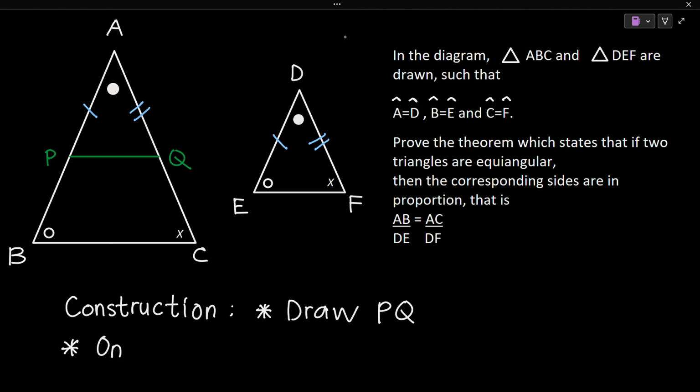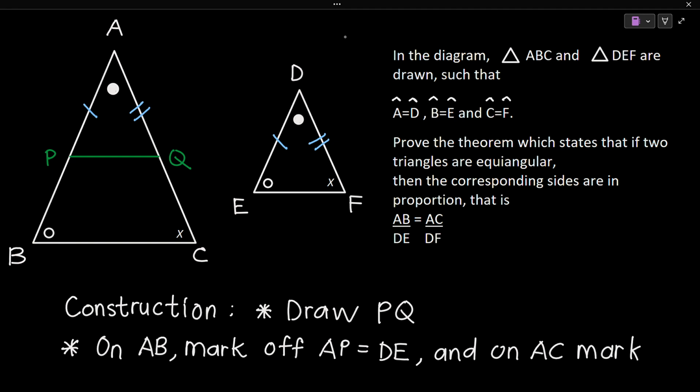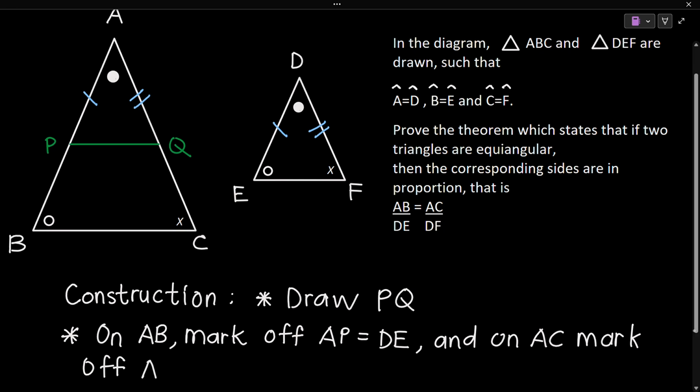on AB, mark off AP equal to DE. And on AC, we mark off AQ equal to DF.